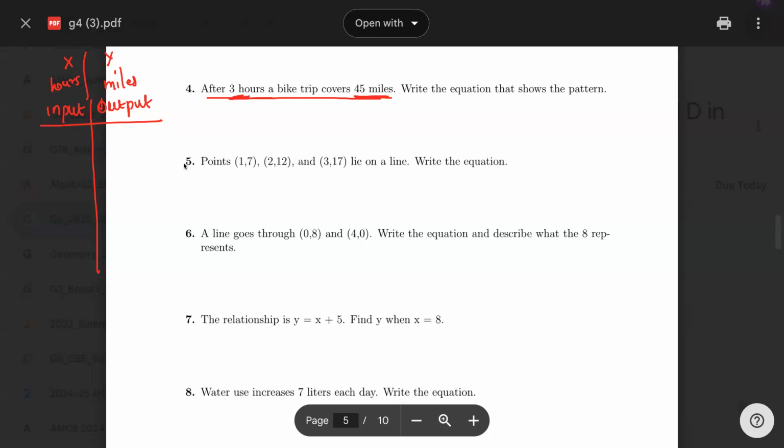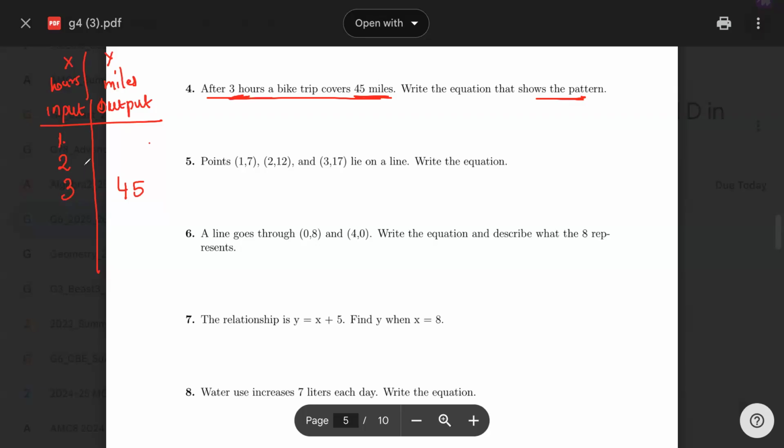So 3 is the input and 45 is the output. But it is a bike ride, right? Meaning there is a pattern. So for 2 hours or 1 hour, how many miles?